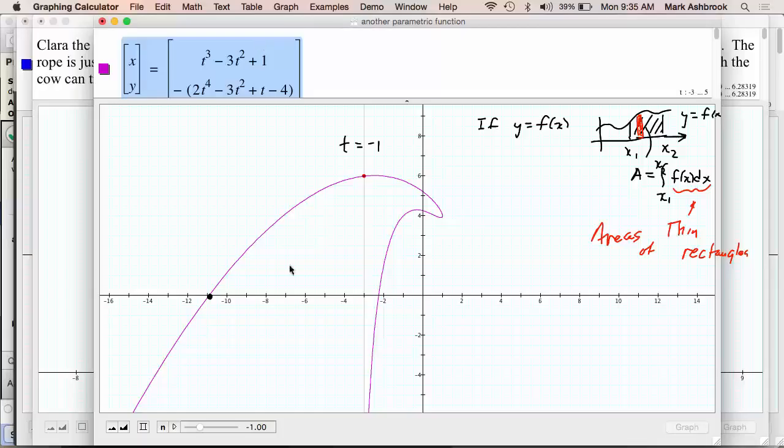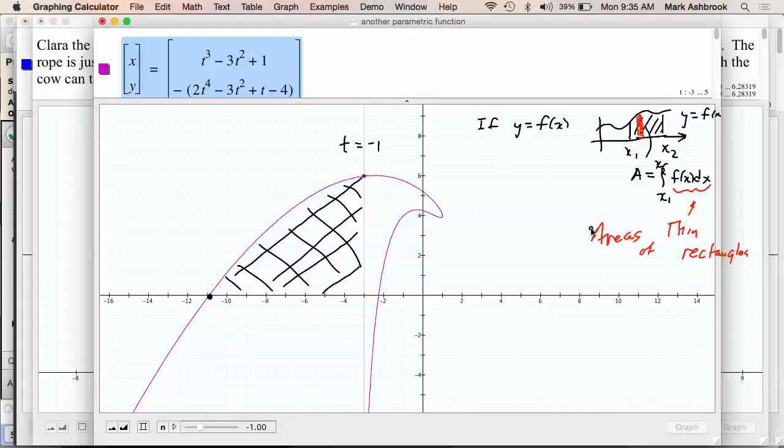I want to know the area starting at this intersection point to t equals -1 above the x-axis. Right there, and where I'm stopping here, there.